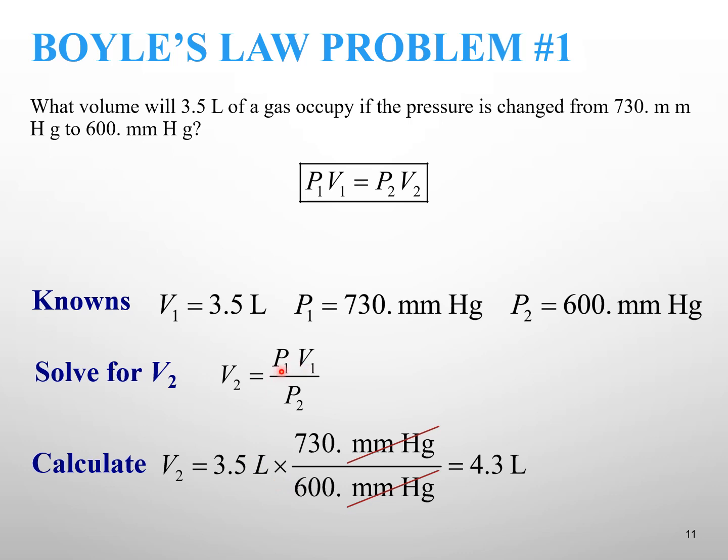V2 will be P1 times V1 divided by P2. So pressure 1, right here, 730, times volume 1, 3.5 liters, divided by pressure 2, 600. And you get your answer, and it's 4.3 liters. So the answer for the unit is always going to be the same unit you start off with.